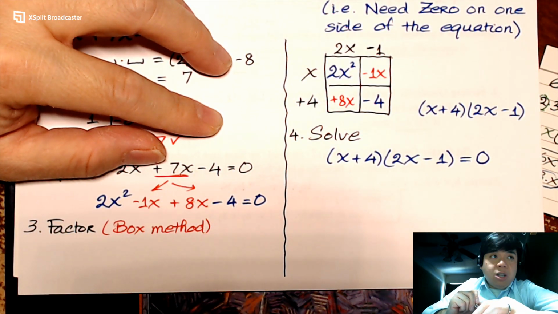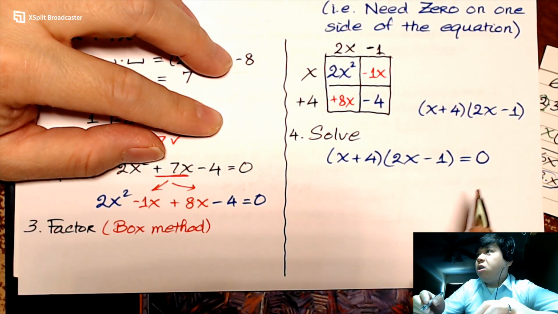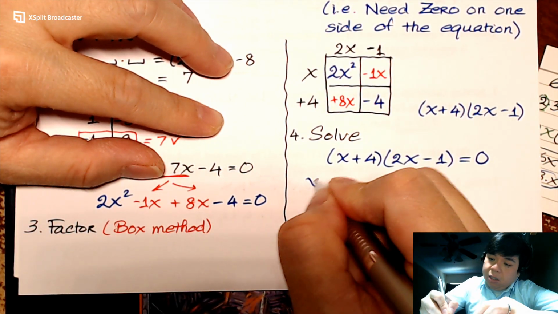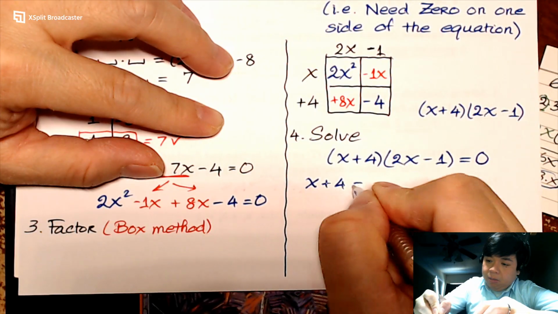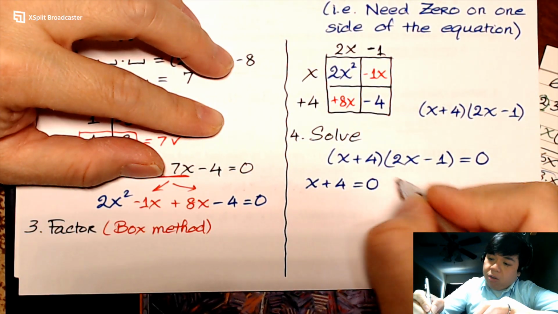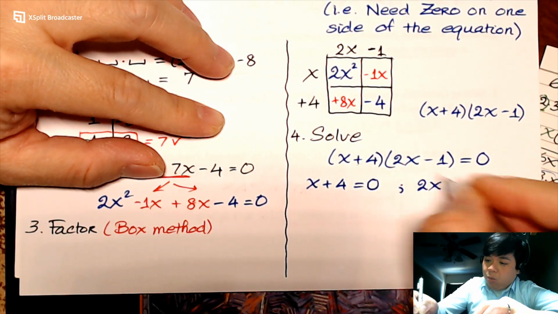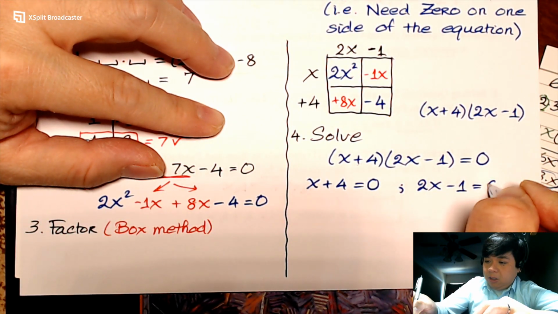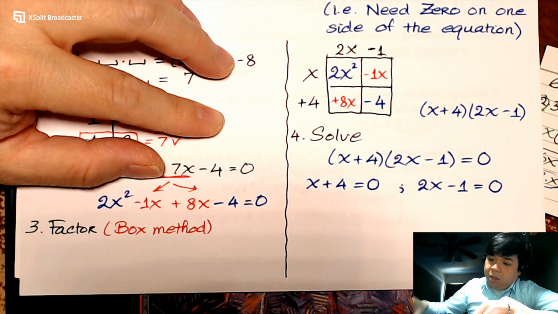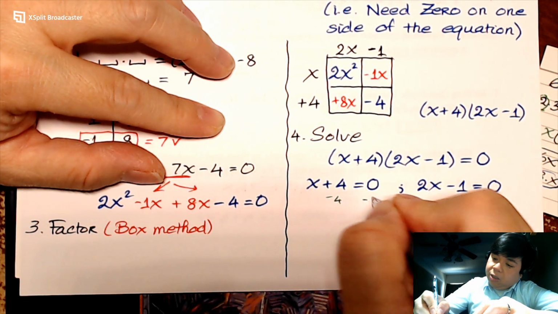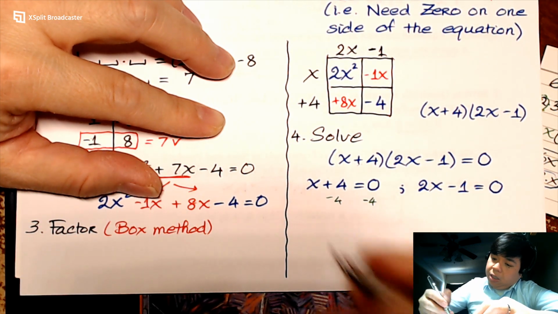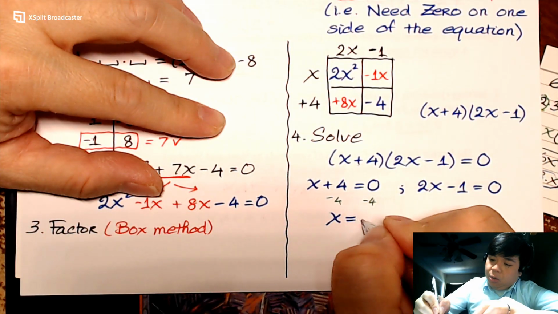And now the zero product principle. A product is 0, that means at least one of them is 0. So either this one is 0 or that one is 0. We just solve for x, and we have x equal to negative 4.